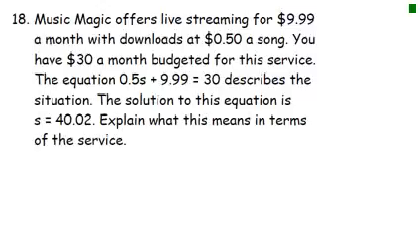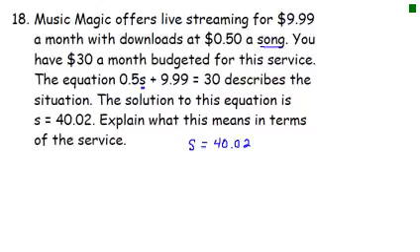So what they want us to do here is explain what this means. Okay, so what does this s mean? And what does s equals 40.02 mean? So if we look here, the s represents the songs. It says 50 cents a song.